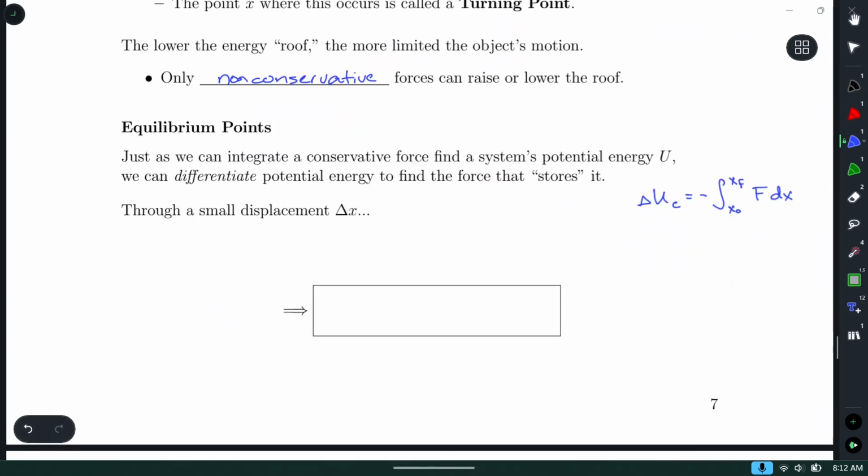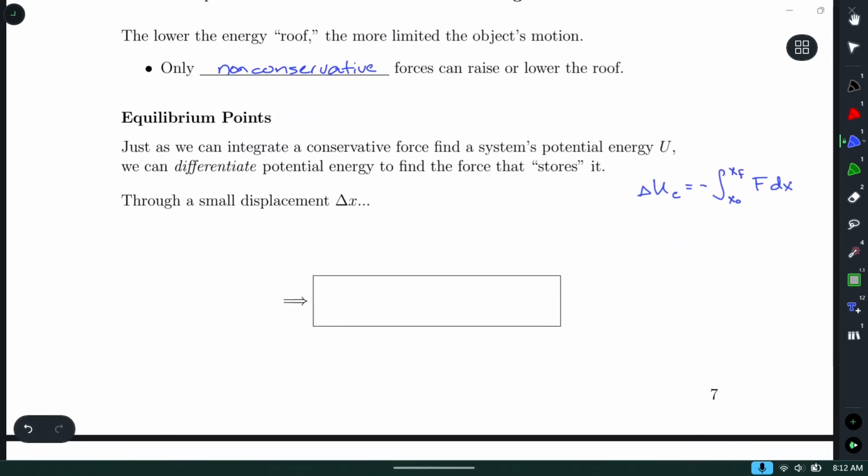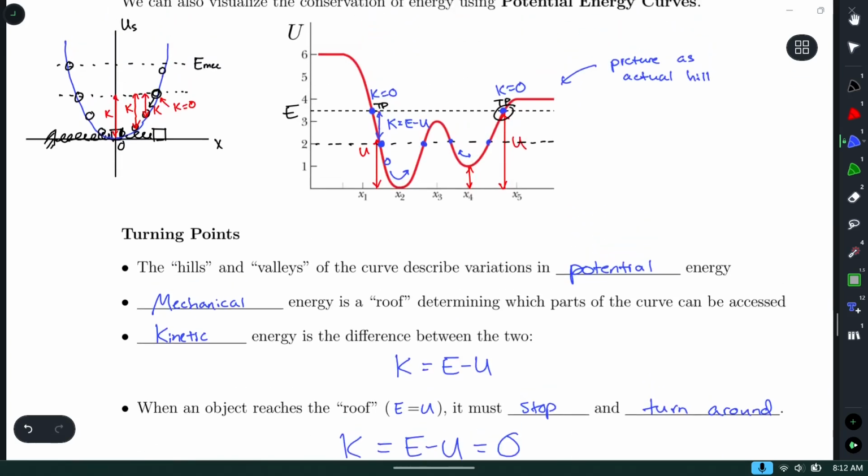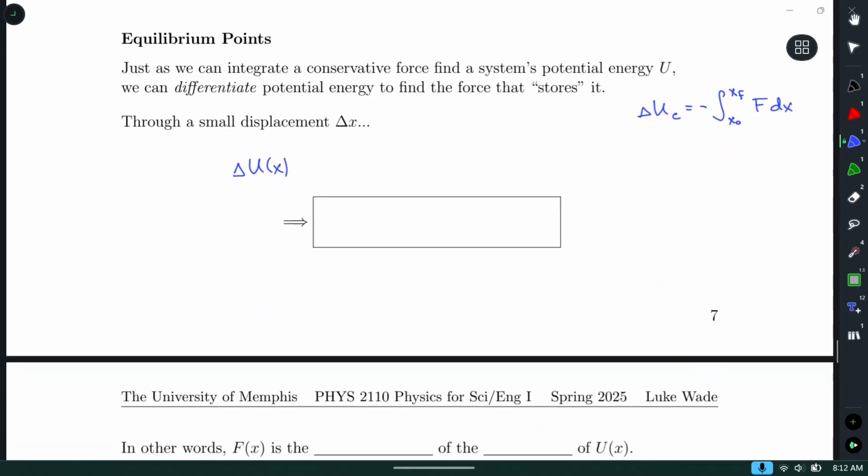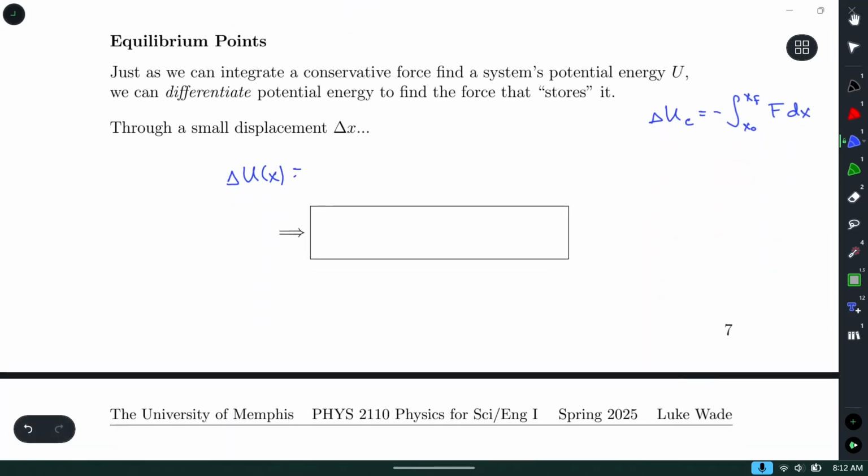So to do that, I just come back to the idea that change in potential energy at any point along this curve, at any x, is equal to the negative of the work done to get the object to that point. But we'll think about if I take a really small step, how much work does it take to change the potential energy by that amount, delta U?